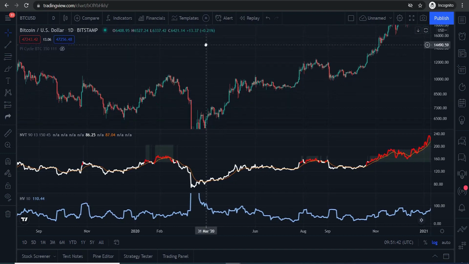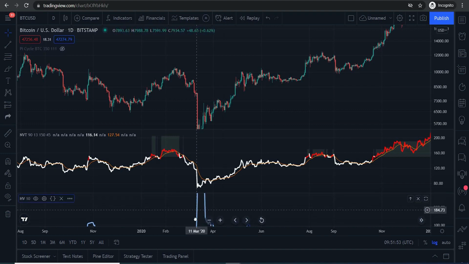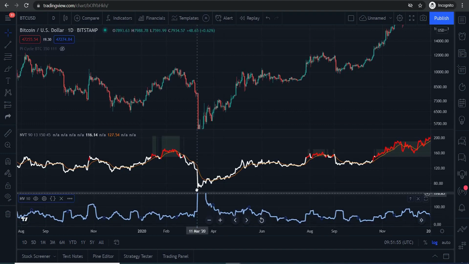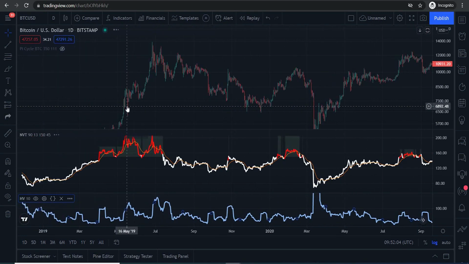It was red. And if it ever turned from red to white, and the white fell down and we saw a harsh rise up with the historical volatility, you can see here, that was really harsh, it usually signals that we're going down. The price is going to come down for correction. And that's held true, relatively true most of the time.